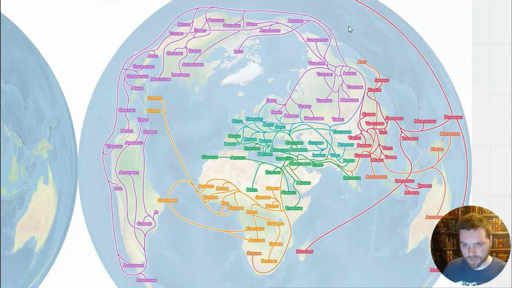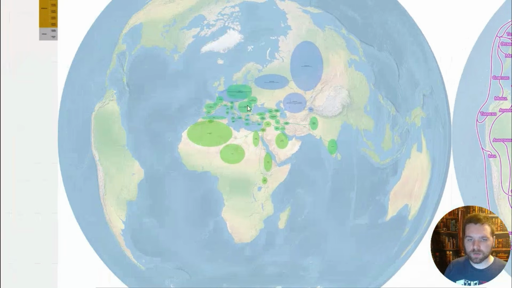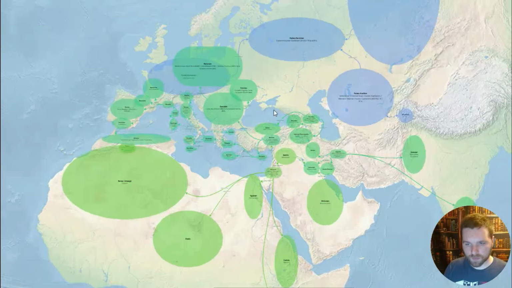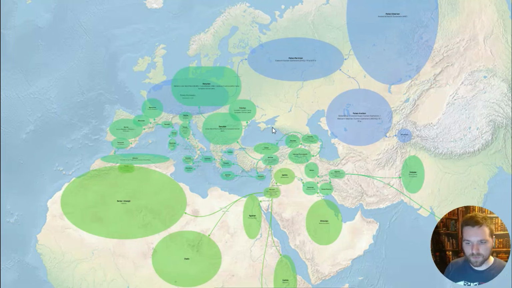So this is an example of a full simplified categorical breakdown of human migration. Basically, I will be doing that in this more detailed format for videos going forward.